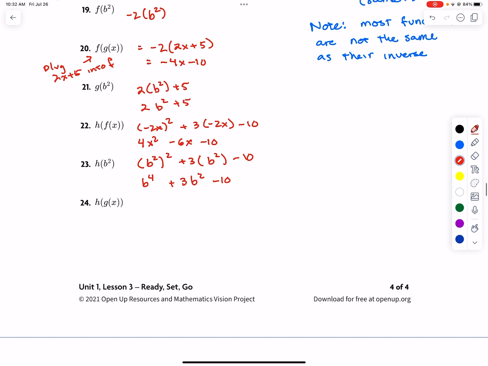And then h of g. I find it, when it gets complicated, I like to write the process out, h of thing, like this. Oops, minus 10. I like to write the format out first and plug things in afterwards. We're plugging 2x plus 5 in.